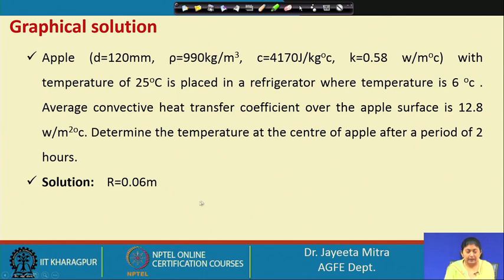Now, as I said, this kind of analysis will vary if we consider sterilization or else if we consider freezing.